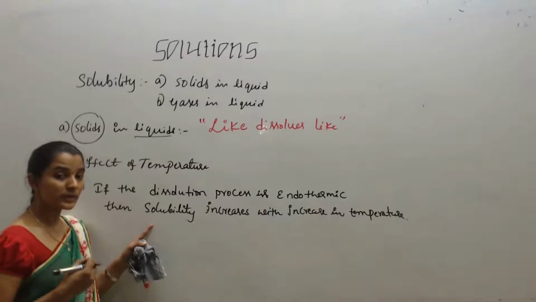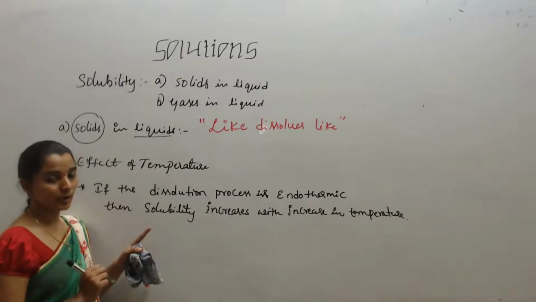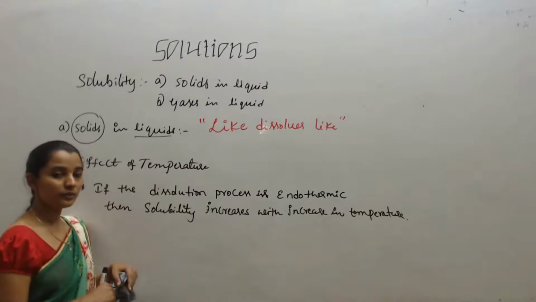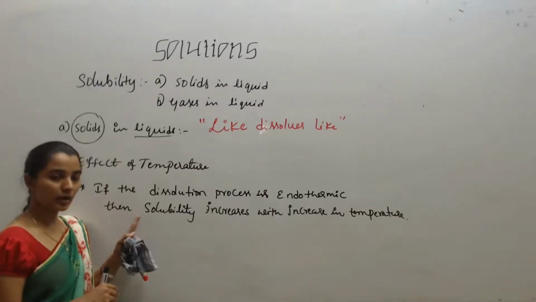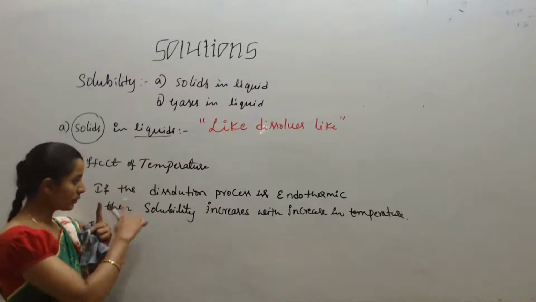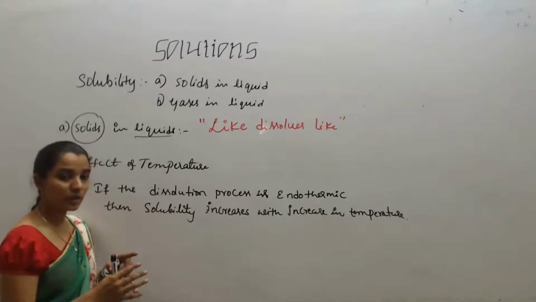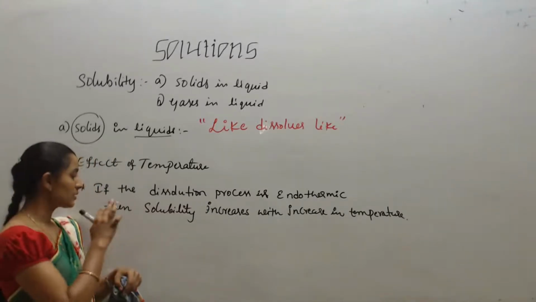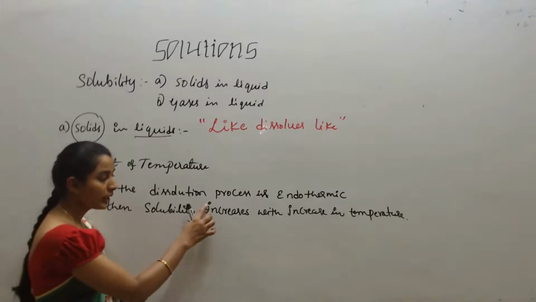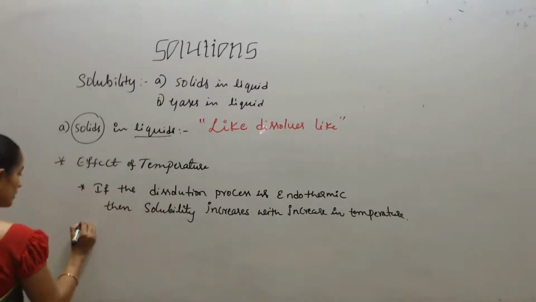It absorbs heat energy. So then what happens? If the temperature increases, the solubility of that sugar in the water increases. That is what I am telling you. If the dissolution process is endothermic, meaning it requires heat energy, absorption of heat takes place, then the solubility increases with increase in temperature. Okay, next.